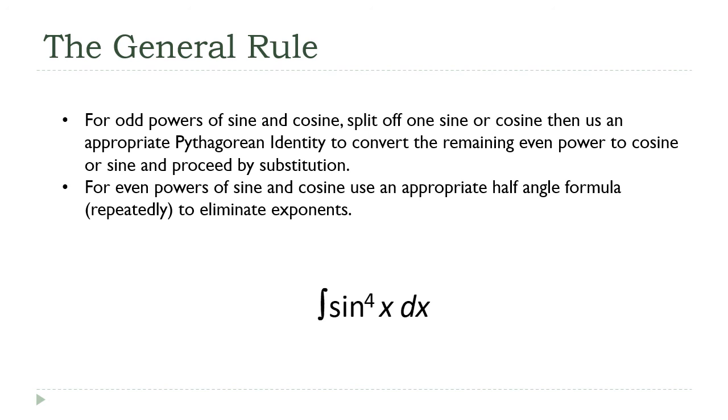If you have even powers of the sine and cosine, then you're going to use one of the two half-angle formulas, sine squared or cosine squared, and you're going to do it repeatedly. I had to do it twice in the previous example until at the end you've eliminated all the exponents, and then you should have just sines or cosines of some multiple of x, and you can do the antiderivatives of those pretty quickly.